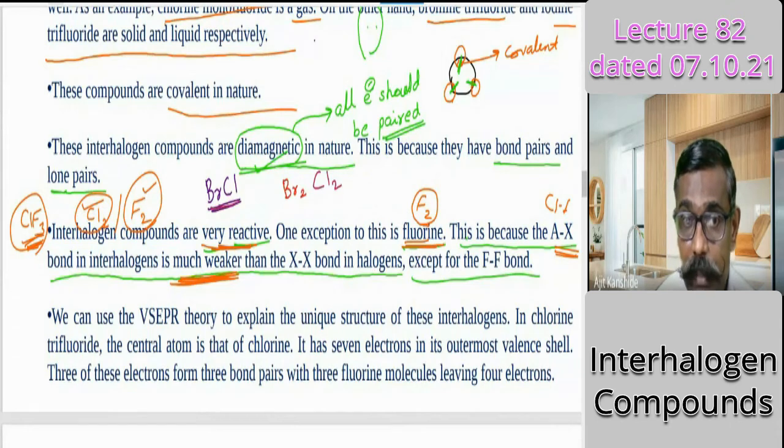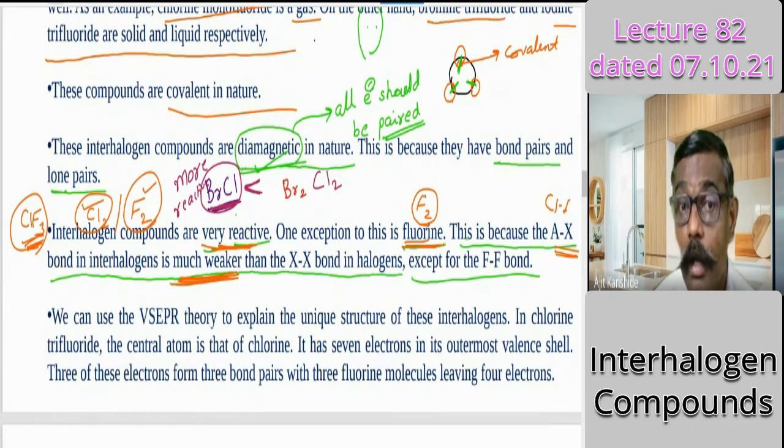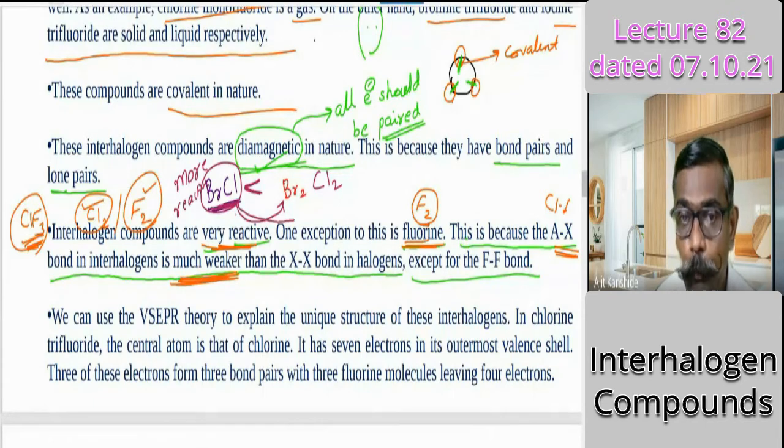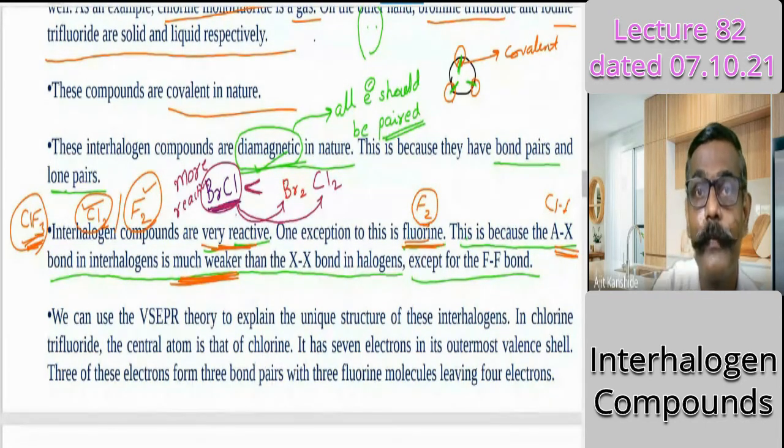This BrCl is less stable, or more reactive. Less stable, therefore it is reactive. More reactive compared to the parent halogens, bromine and chlorine. That is the meaning of that statement.